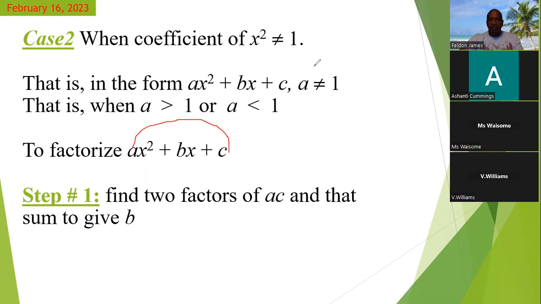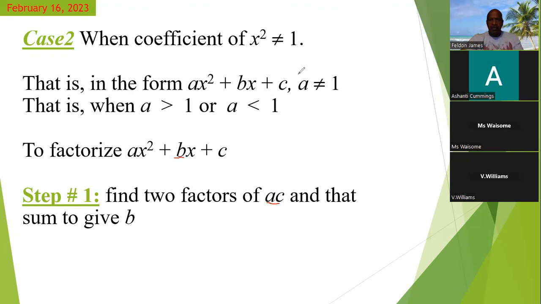And then after we find the value of a times c, we search for two factors that can go into that product, AC. When we add them, we get the coefficient of b. And so just like before, we replace the middle term with those two factors in terms of x. And then we factorize by grouping.